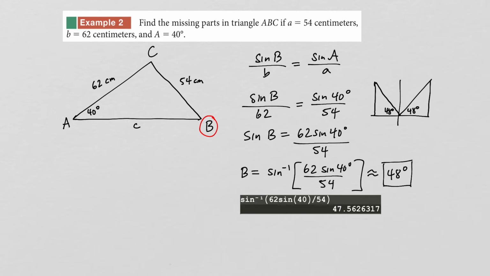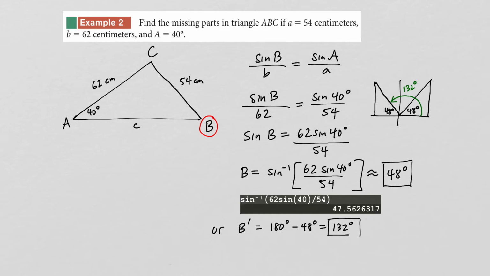And that means that our other solution would be this angle here, which is 180 minus 48 degrees, which is 132 degrees. So we have another possible solution, which we're going to call B prime, and B prime is simply the supplement of the solution we just found. So 180 minus 48 is 132.